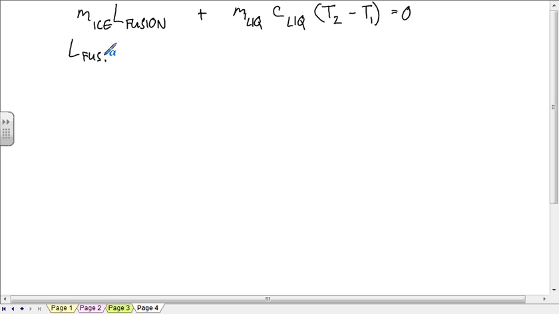This L fusion for water, that's just something you look up, and that's 333,000 joules per kilogram.